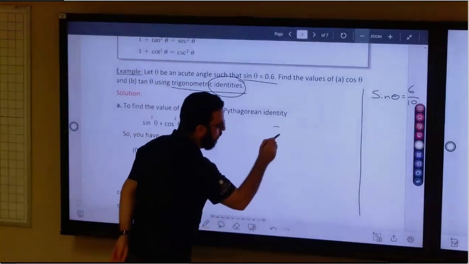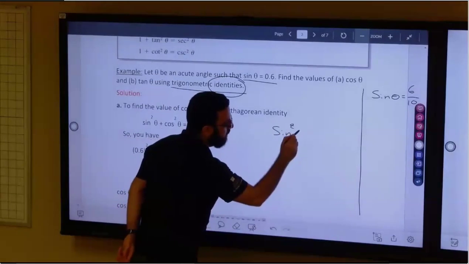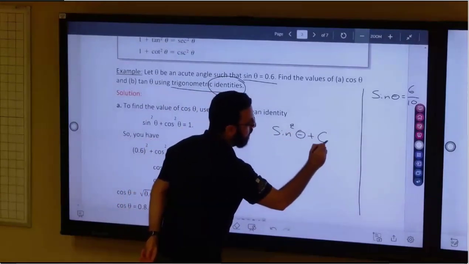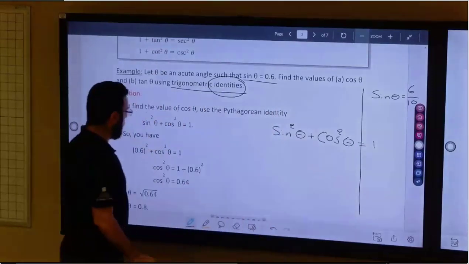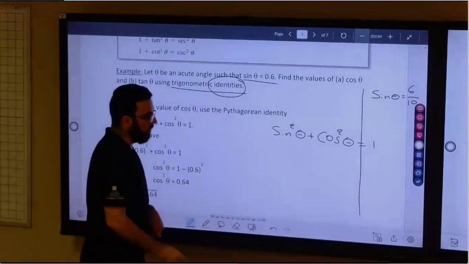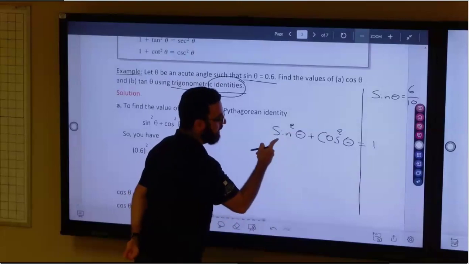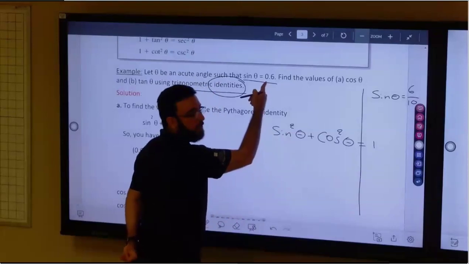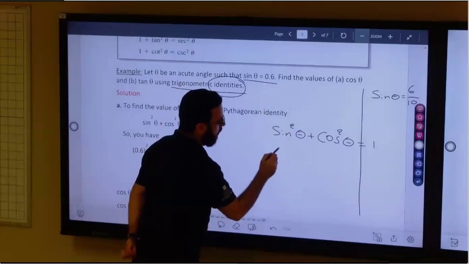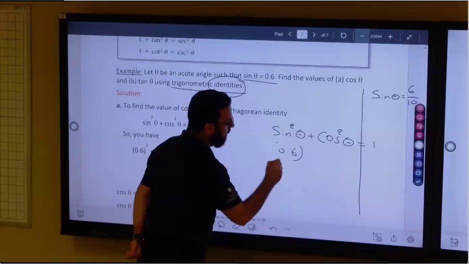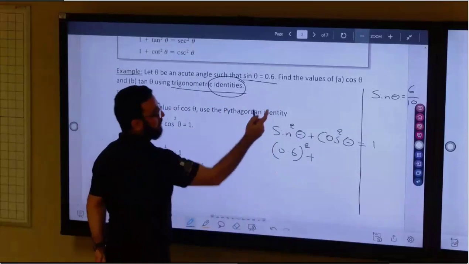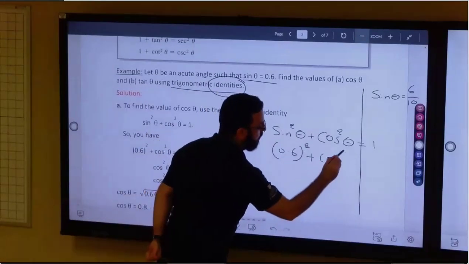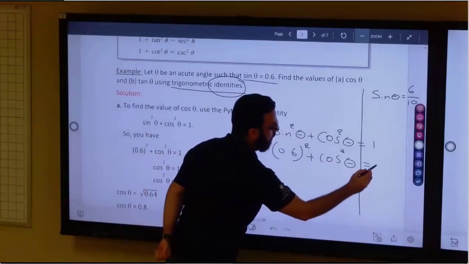That means I have the sine. The golden rule says sine square theta plus cosine square theta equals 1. I know the solution is here, but I'm not going to care about this one because I need to solve it. The sine is 0.6, so 0.6 square plus cosine square theta equals 1.